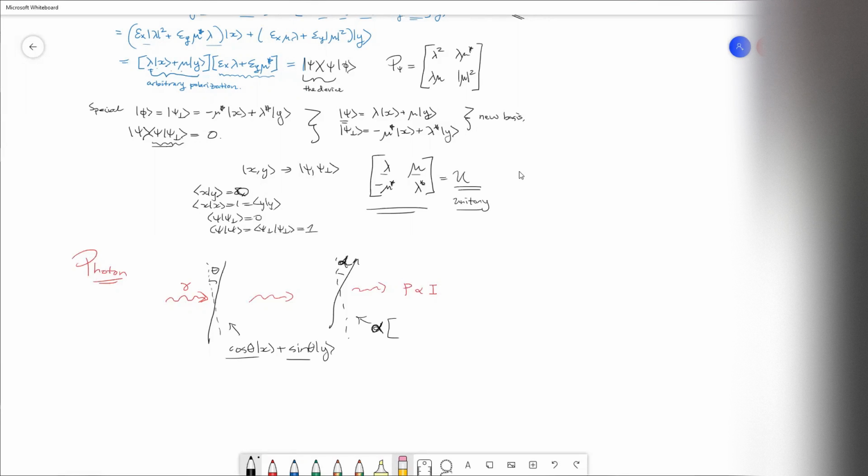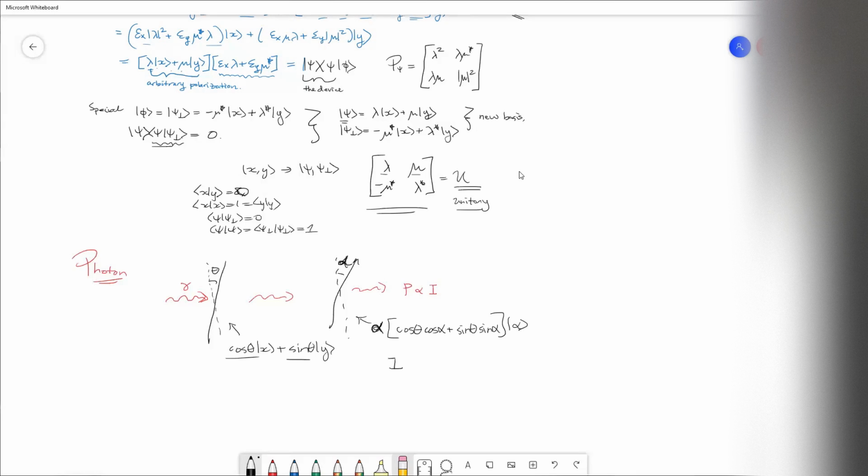Okay, but this is just a quick little calculation. You'll get something proportional to, well, you'll have the linear polarization along alpha, but the whole thing is proportional to the dot product between these two directions. And that's cosine theta cosine alpha plus sine theta sine alpha.